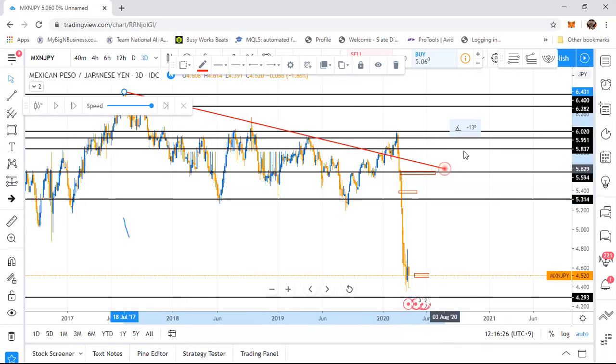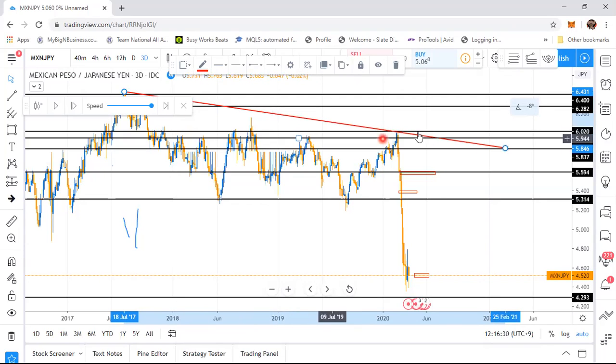So adjust the trend line accordingly. You can see, as we adjust the trend line, we adjust not to fit our needs, but to connect the lower highs, whether on a higher time frame or lower time frame.